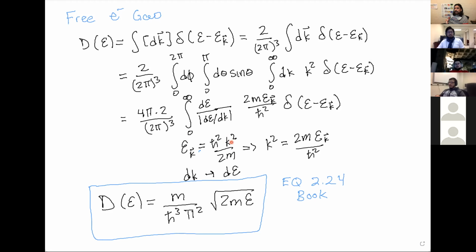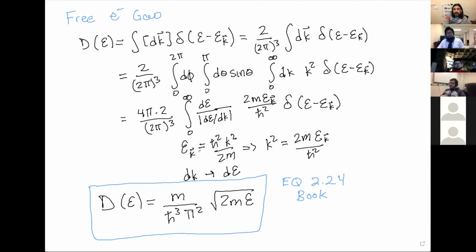Let's say the energy now depends on k, not on k squared. Then everything is the same. You would just have to change the math here. Let's say that your system is not 3-dimensional, you would just have to change this to 2-dimensional or 1-dimensional, and you can still do that same calculation.